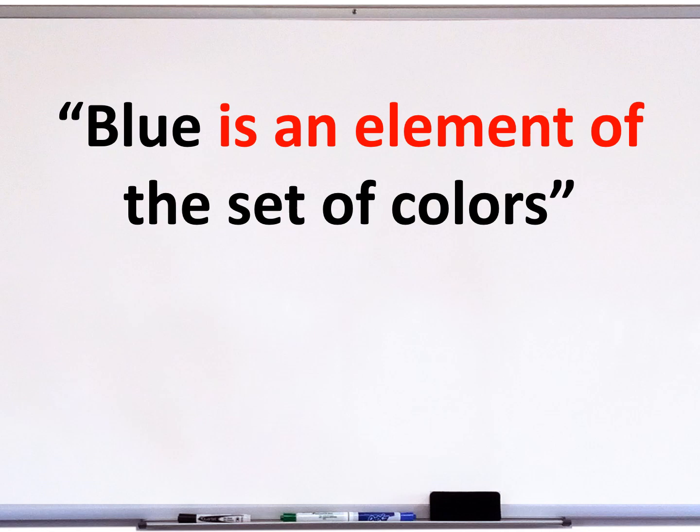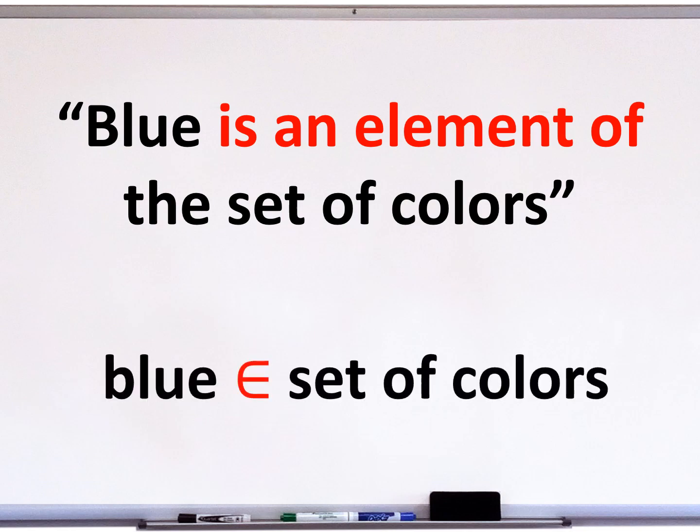Another example is this statement. Blue is an element of the set of colors. Please take note of the phrase "is an element of," because there is an equivalent mathematical symbol for that. If you're going to write this statement mathematically, it can be represented by this one.